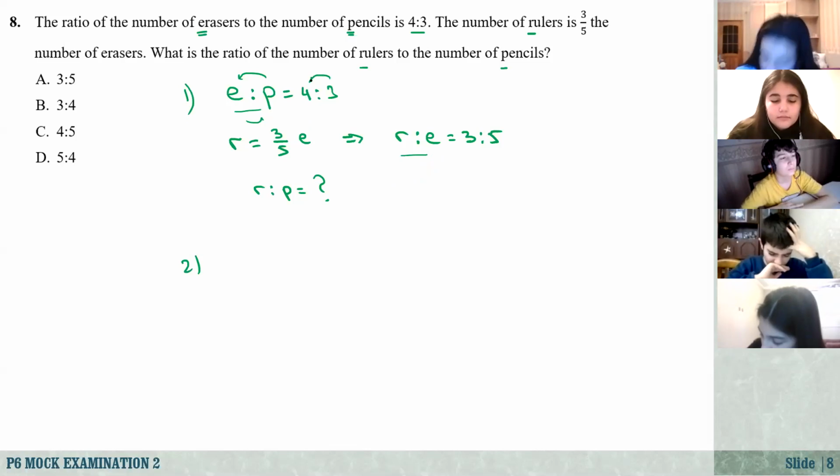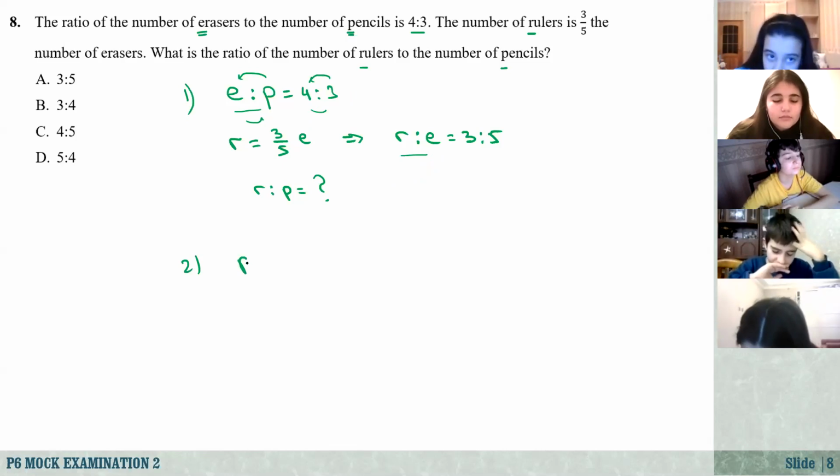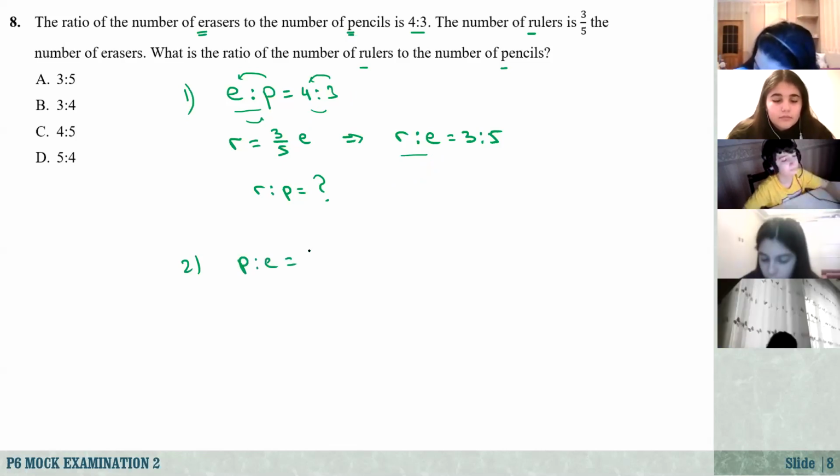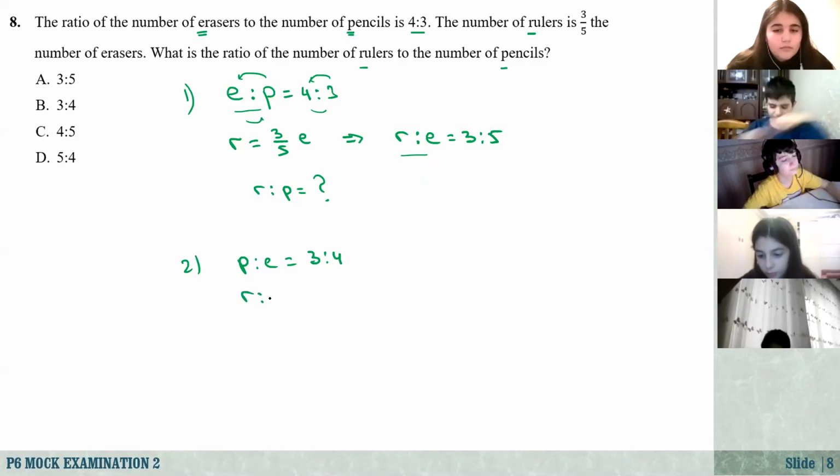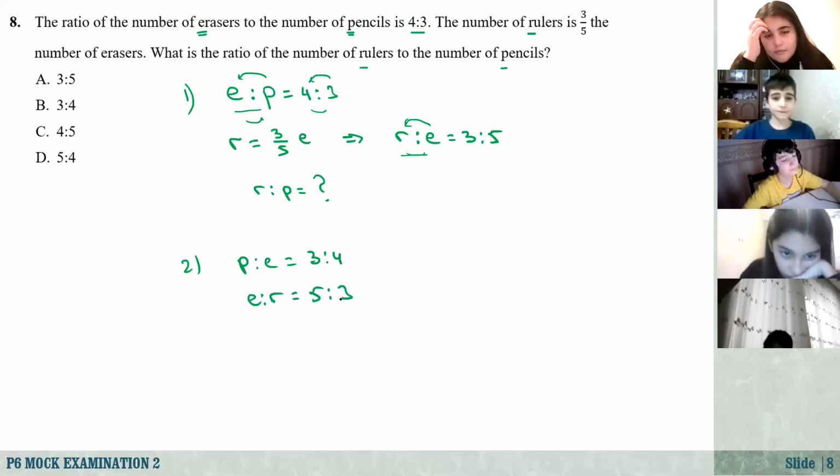Because E to P 4:3 means P to E 3:4. So from here, P to E is 3:4. From the second one, I will also change this one, so E to R is equal to 5:3.